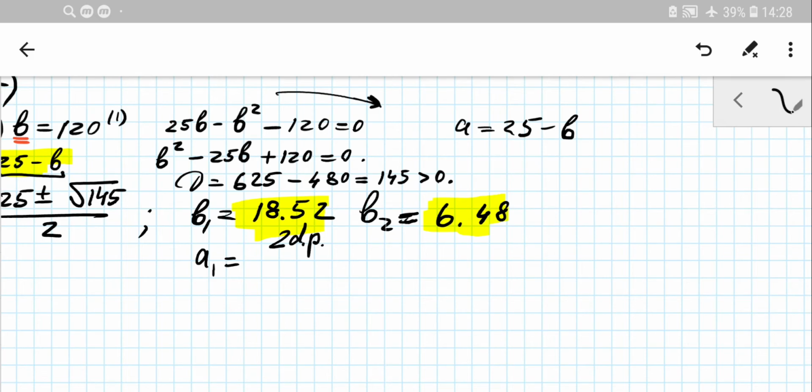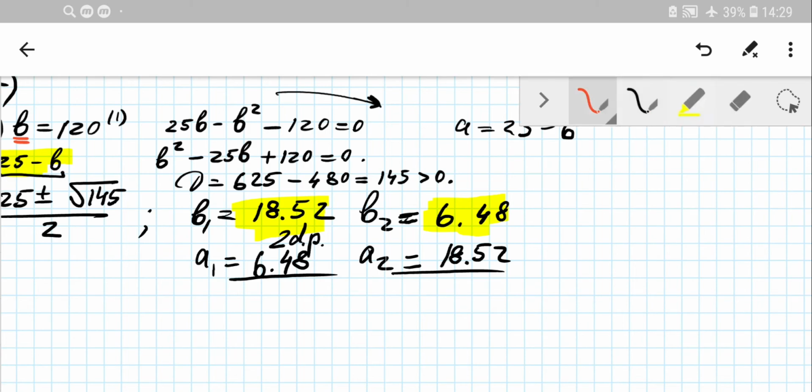So 25 minus 18.52 gives the value 6.48. When I do the same with b2, I get 25 minus 6.48, so a2 is 18.52. That's what I've got for a2.